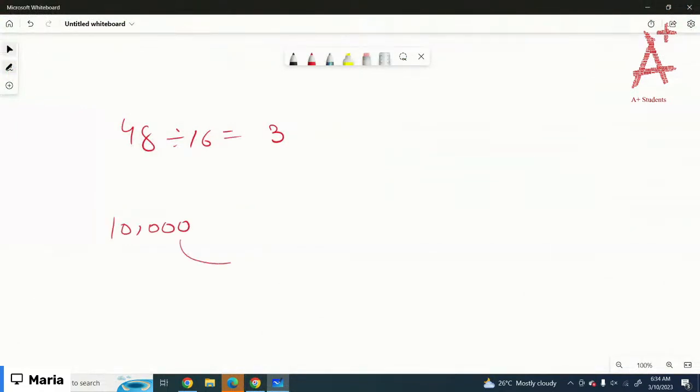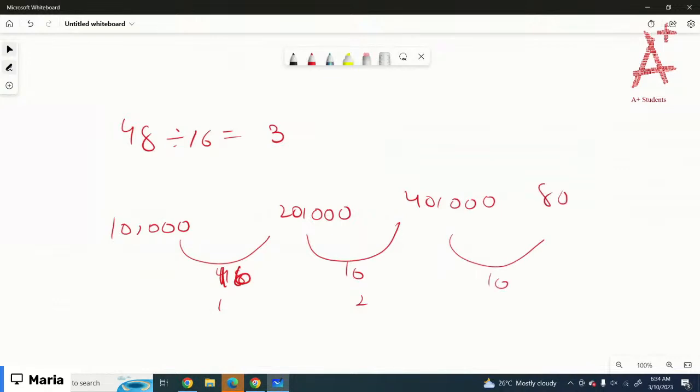After 16 years, it would be doubled to 20,000. Then the next 16 years, it doubles again to 40,000. Then the next 16 years, it would be 80,000.